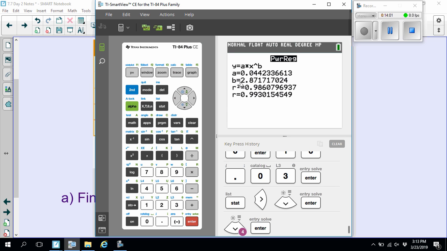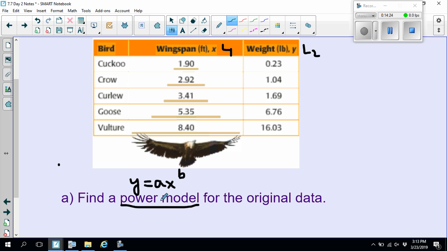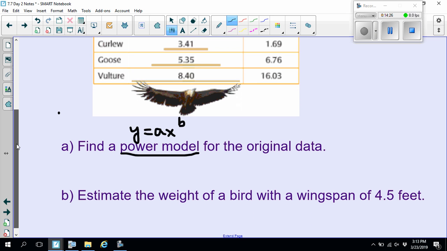So on this one, let's round to 3 decimal places, since in this case we have a 0 as one of ours in the tenths place. So that means our power model is y equals 0.044 times x to the 2.872 power. So let me scroll down so I have room to write that.